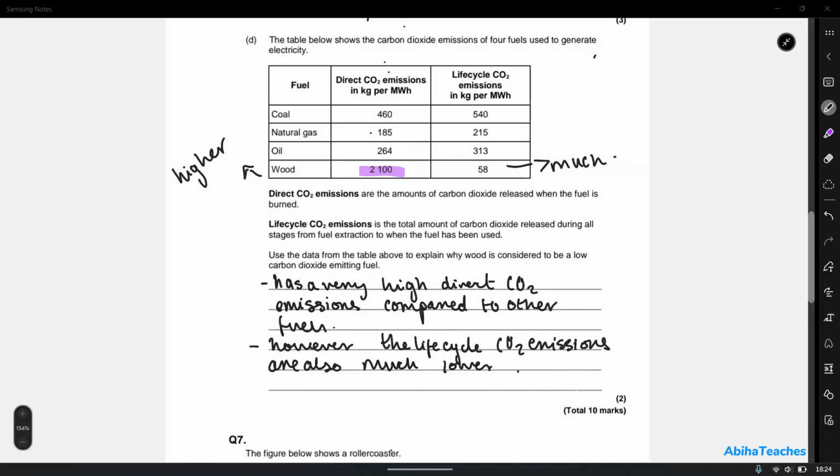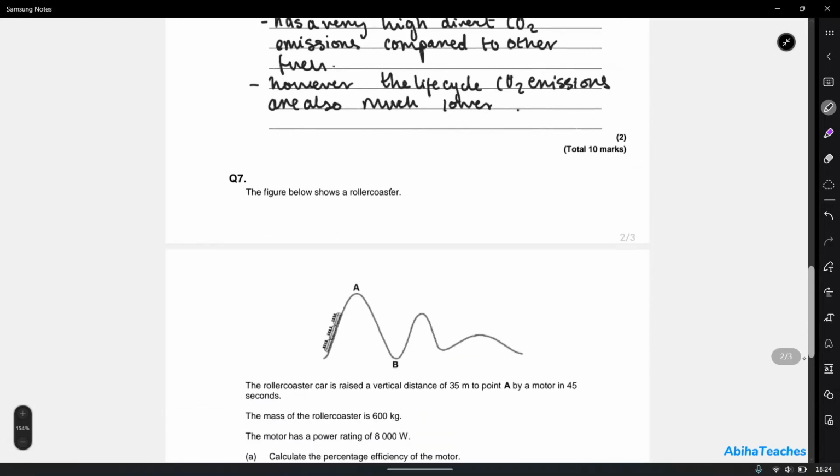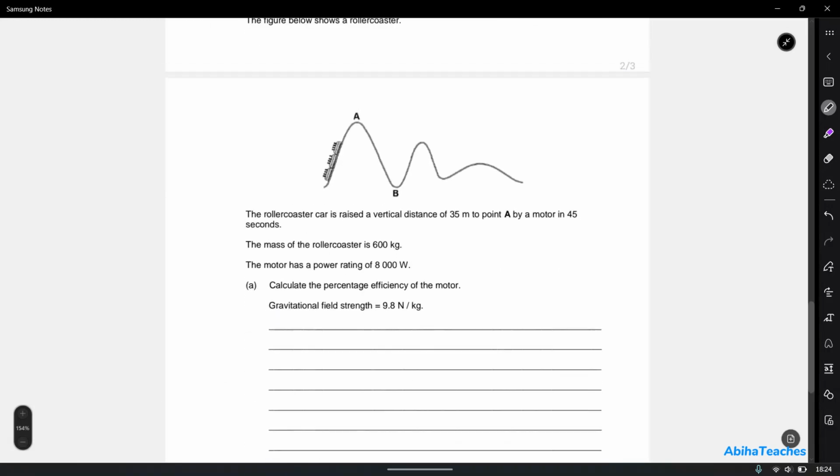Now, on to our next question. The figure below shows a roller coaster. The roller coaster car is raised a vertical distance of 35 meters to point A by a motor in 45 seconds. So for the roller coaster car to travel to A, it has only taken it 45 seconds.